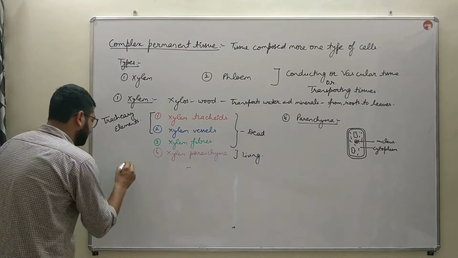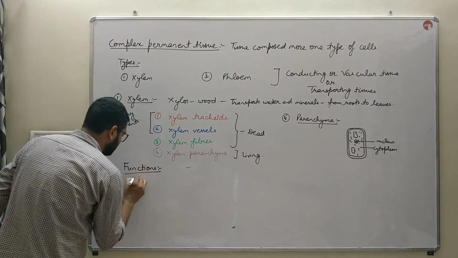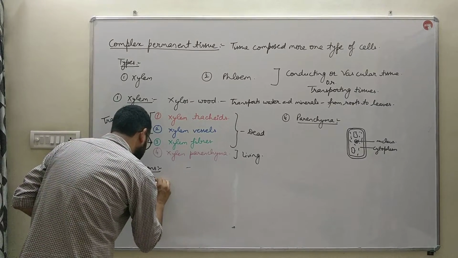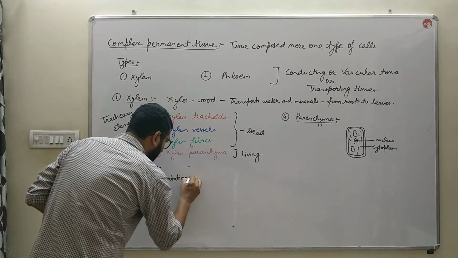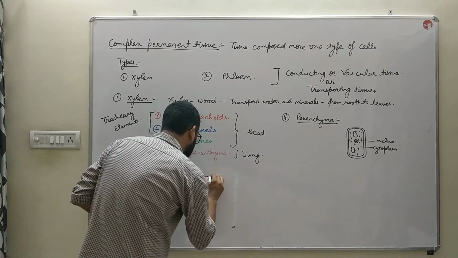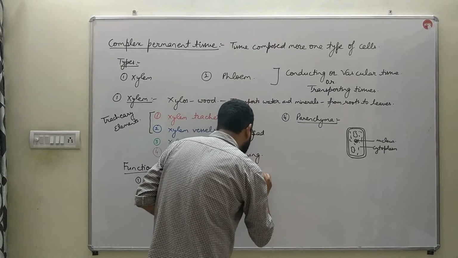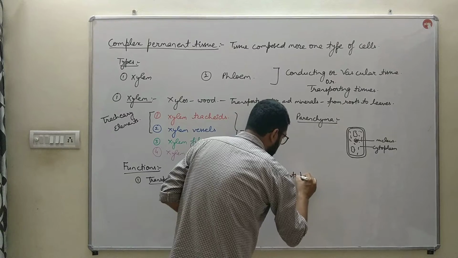Now we will discuss the functions of xylem. The first function is transportation. Of which materials? Water and minerals. From where? From roots to leaves.